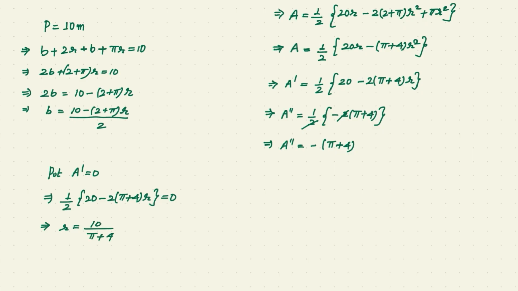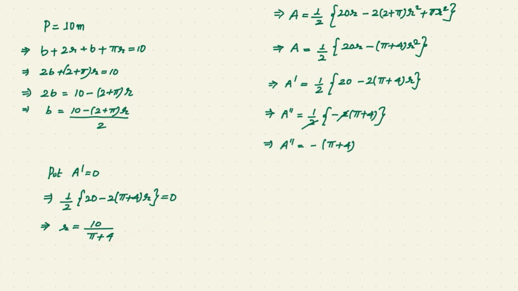This point will be the point of local maxima, as we have to maximize the given area. And also, since A double dash is just minus of a number, that means A double dash is already negative and which is less than 0. So this r equals to 10 over (pi plus 4) is the point of local maxima.